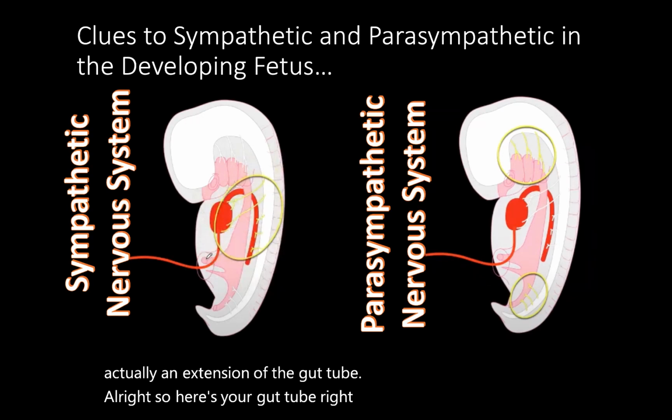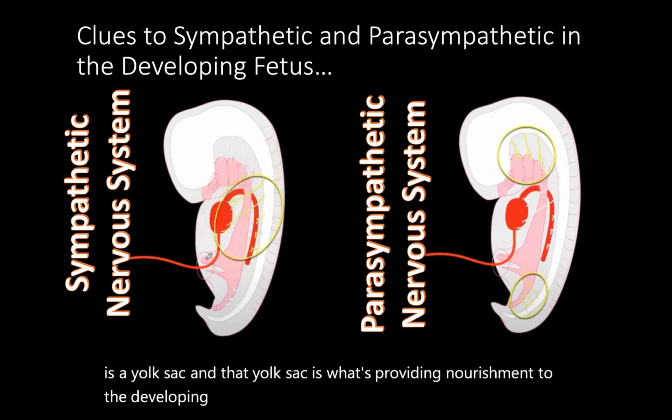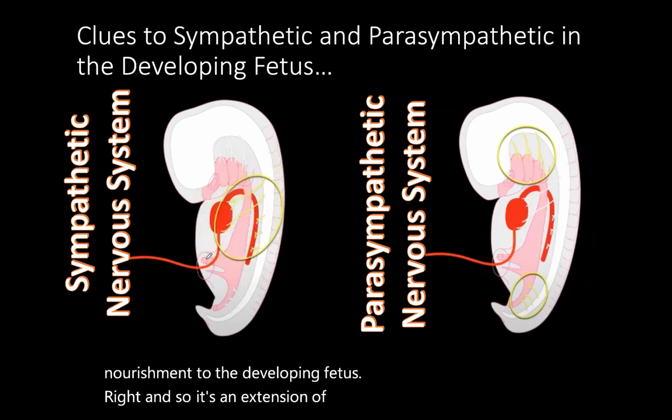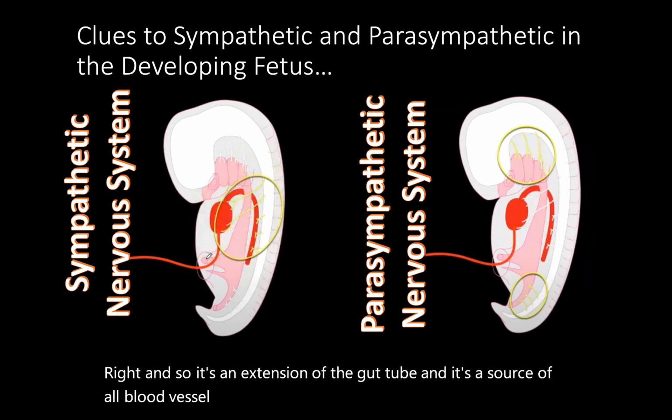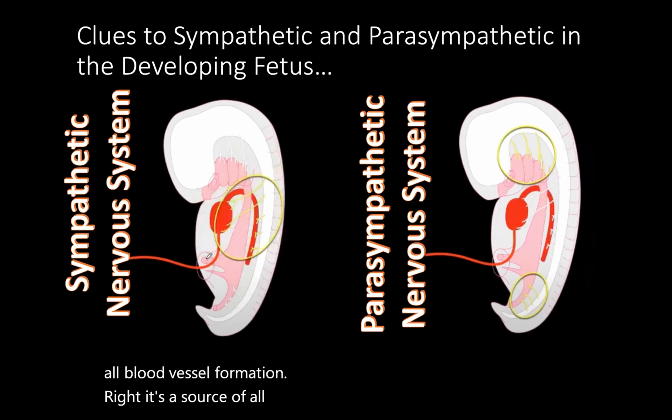Attached to this gut tube is a yolk sac, and that yolk sac is what's providing nourishment to the developing fetus. And so it's an extension of the gut tube, and it's a source of all blood vessel formation. And so let's look at why that is.